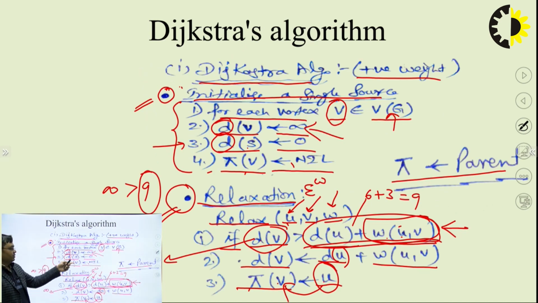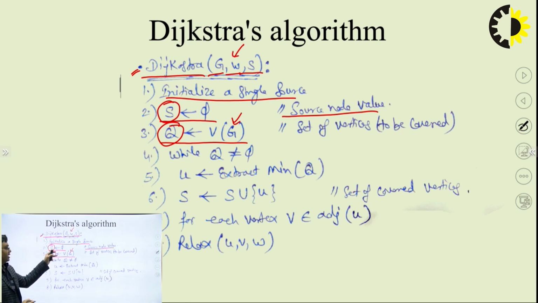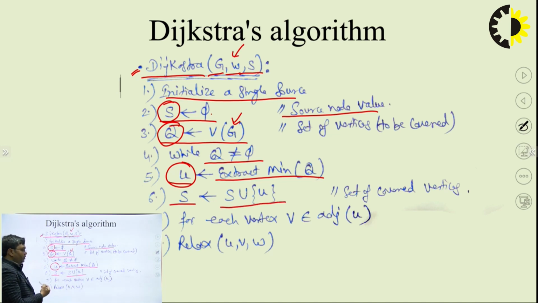Then the set S is initialized as empty, and Q is initialized as all the vertices of the graph G. Then, while Q is not empty, we do U equals extract minimum of Q. When we find the minimum value of Q, we take it as U, and in the next step we include this U node in the S set.